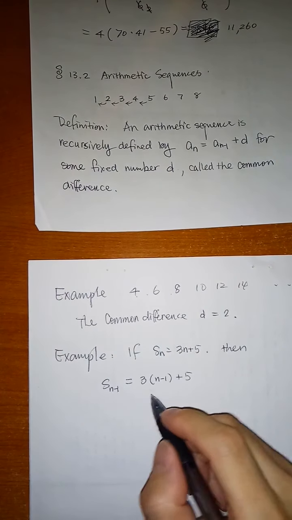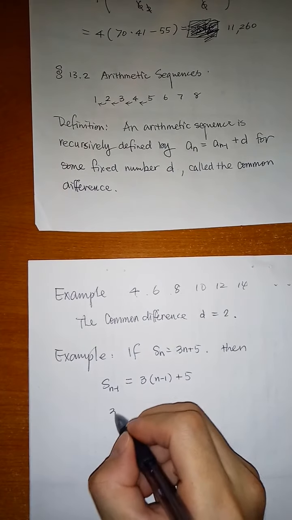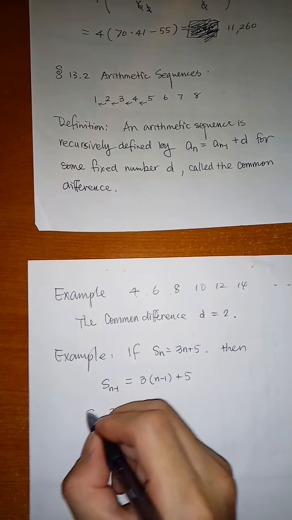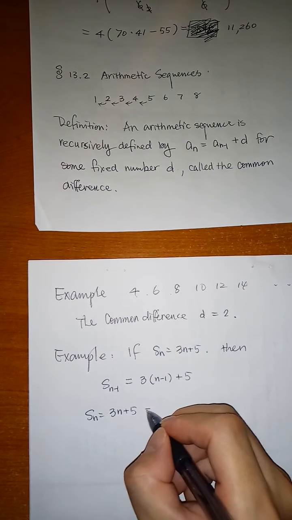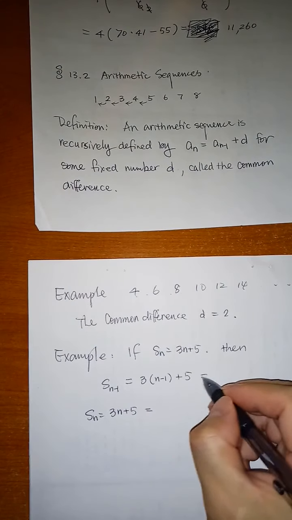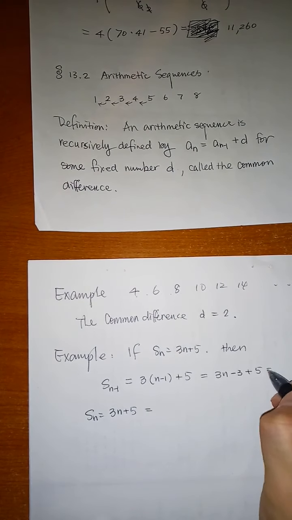Okay, so what do we have? We have 3n minus 3 plus 5.